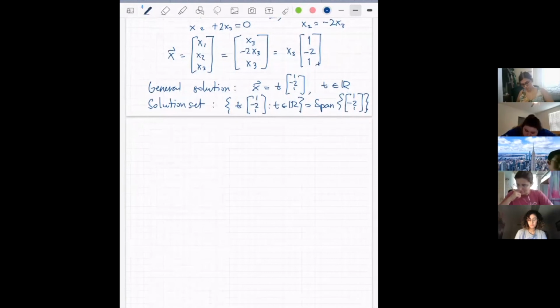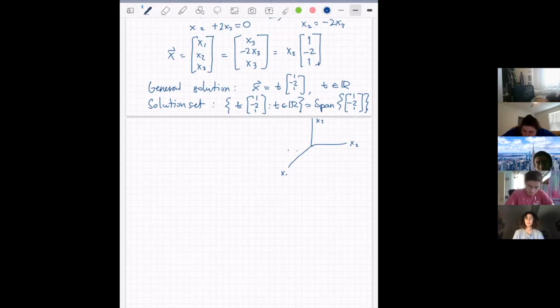So if we want to visualize this, this is the span of a single vector. That's going to be a line. It will be the line through that vector, right? So it's just a line in R3. So for this particular vector, if this is x1, x2, x3, then this will be 1, 2, and up 1.